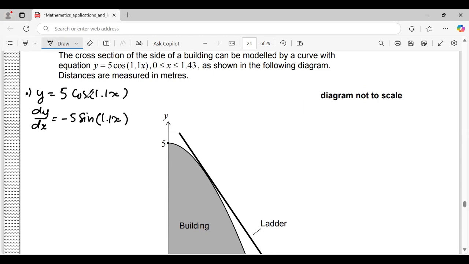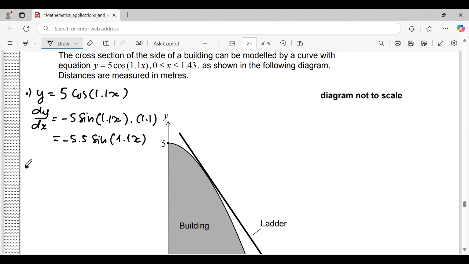The derivative of cosine is minus sine, and the derivative of 1.1x is 1.1. So the derivative of y is minus 5.5 sine 1.1x, because 5 times 1.1 is 5.5.